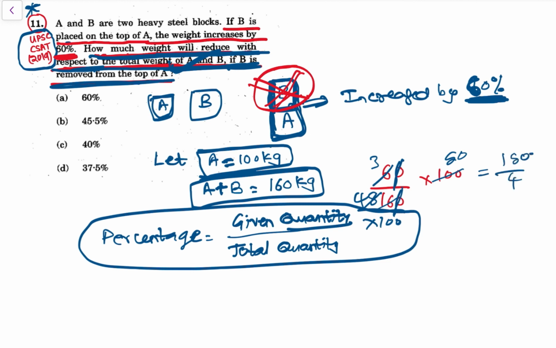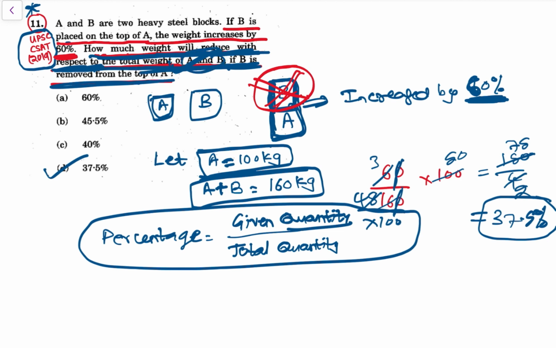Again cancelling out, 75 by 2. So 75 by 2 is 37.5 percent. So 37.5 percent weight will reduce with respect to total weight of A and B.